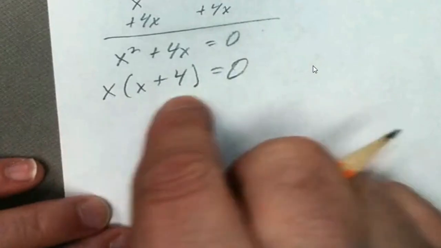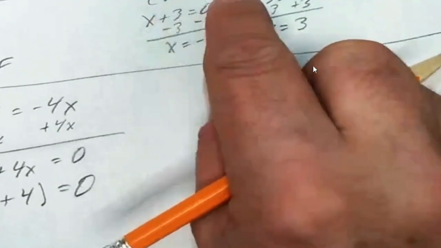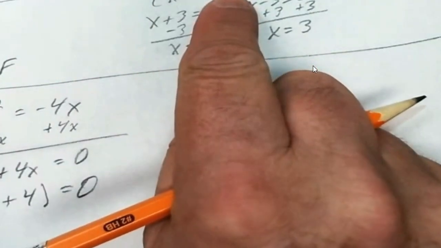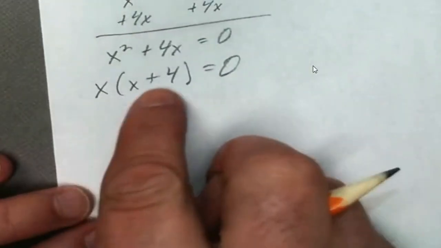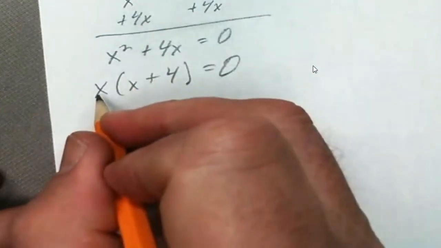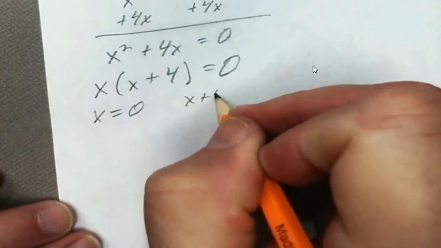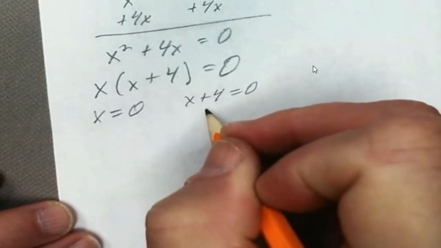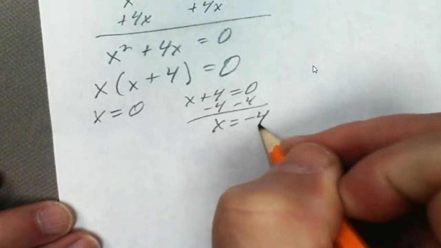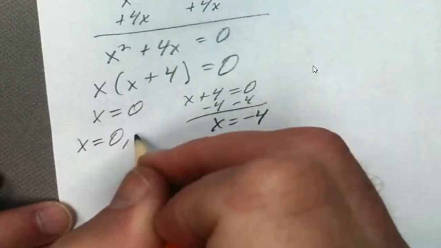These are as simple as the factors get. And just like with x plus 3 times x minus 3 equal to 0, to multiply these together and get 0, one of these has to be a 0. So either x equals 0 or x plus 4 equals 0, in which case we solve that one. So there are the two solutions, x equals 0 or negative 4.